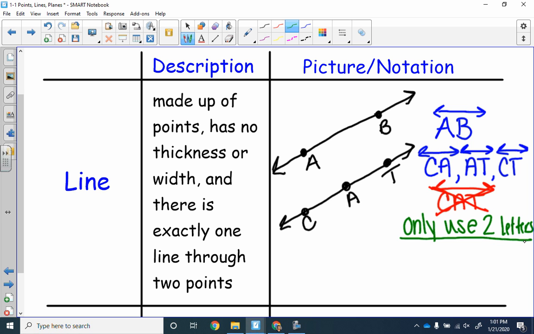Okay, that's just a common little thing to be thinking about. There's also another way you could name a line. Sometimes it doesn't have points on it, and instead it has a lowercase cursive script letter, like an M. What this is referring to is that this is, in fact, line M. So that's just another way that you could see these lines.